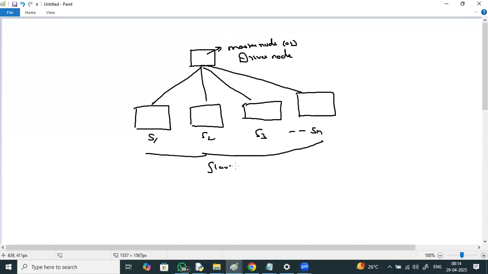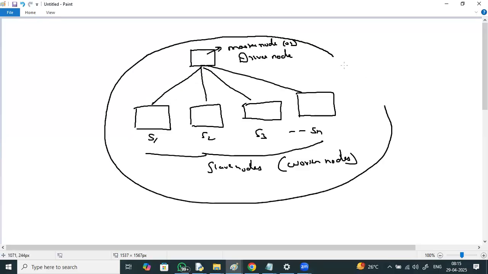The master node and worker nodes together we call a cluster. There is only one driver and multiple slaves, a master-slave architecture. So one driver and all the remaining are worker nodes or slave nodes.